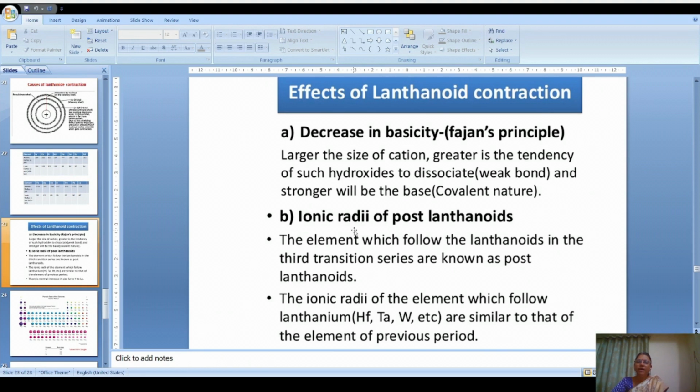Then, the ionic radii of post lanthanides. The elements which follow the lanthanides in the third transition series are known as post lanthanide elements. The ionic radii of the elements which follow lanthanum are similar to those of the elements of the previous period.